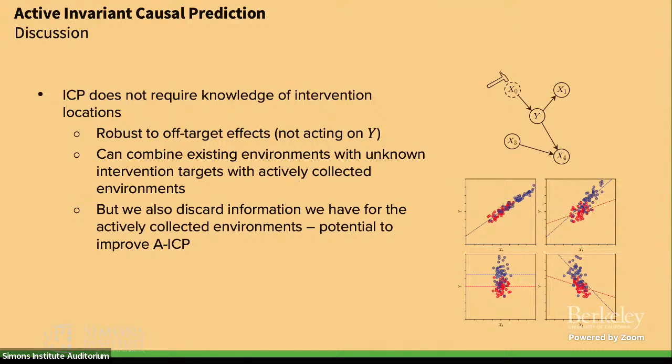But on the other hand, we also discard information we now have for these actively collected environments, right? That we do know where we intervened. And this is not really exploited in the underlying methods. So potentially there's still room to improve this procedure by building in this knowledge more explicitly.